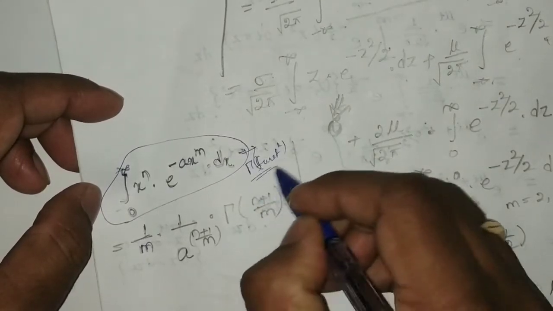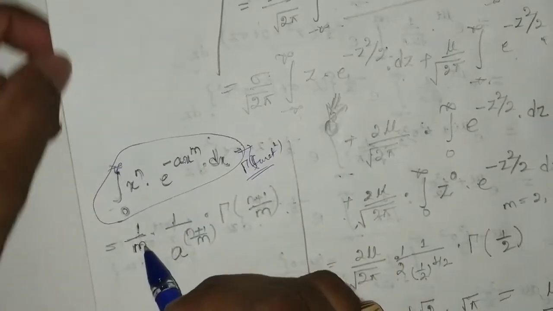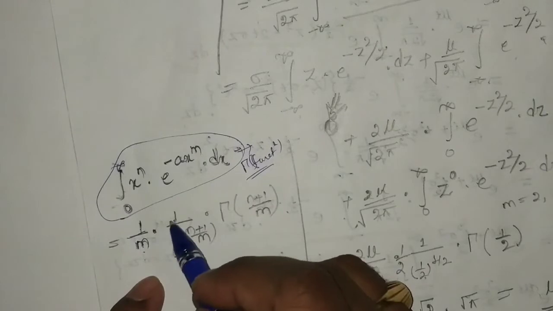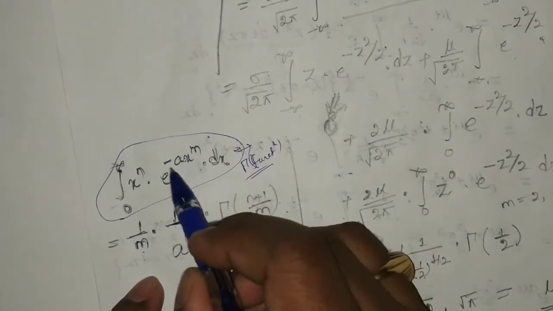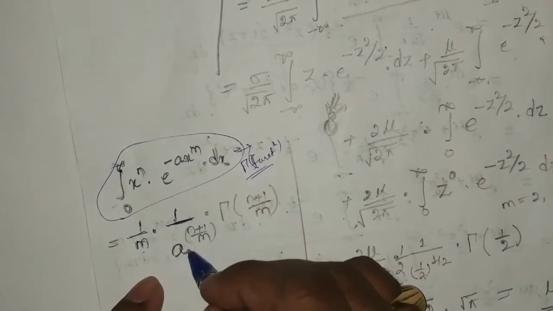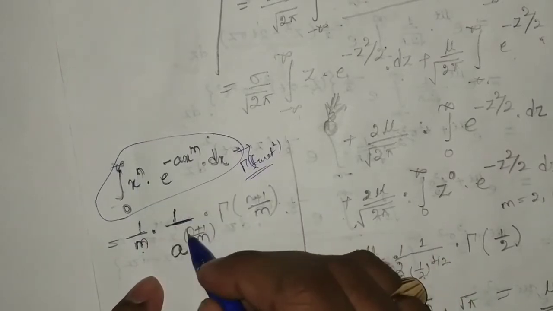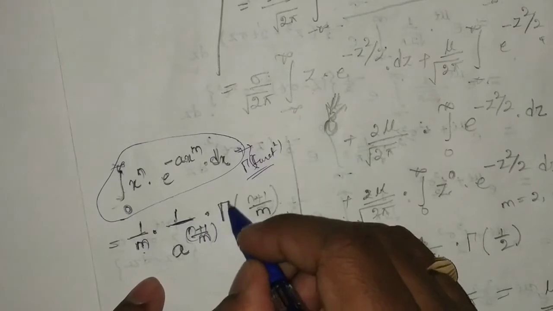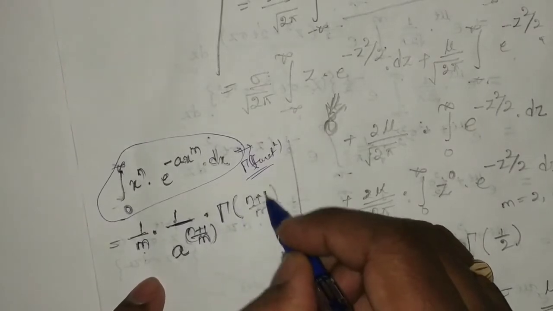Okay, so what will be the value of this one: 1 by m into 1 by a to the power (n plus 1) by m into gamma of (n plus 1) by m.